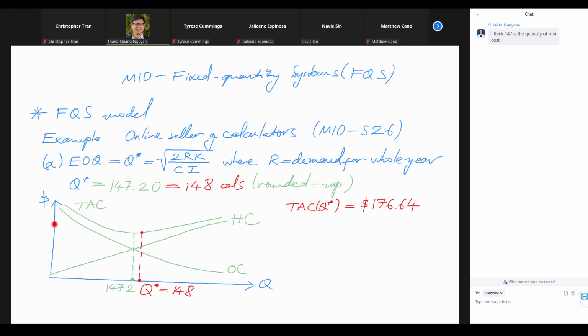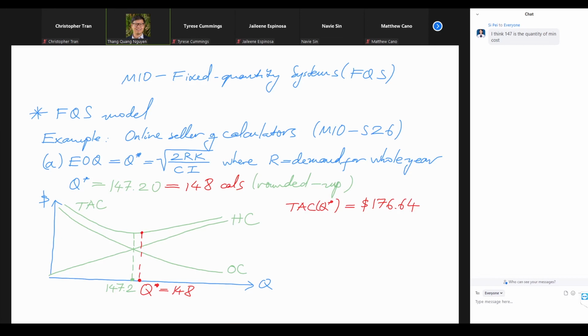It is $176.64. Yeah, the last time I looked, that 147 is the quantity, it is not the cost. All right, so that's the total cost.